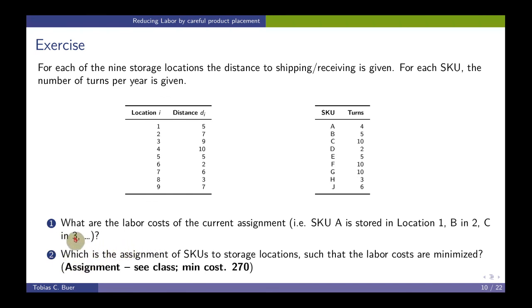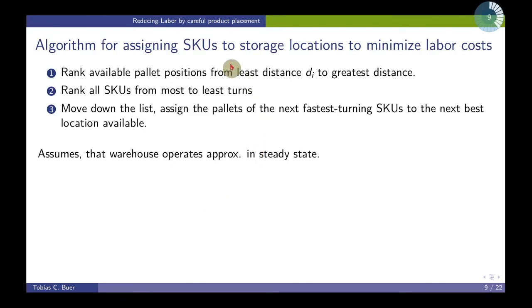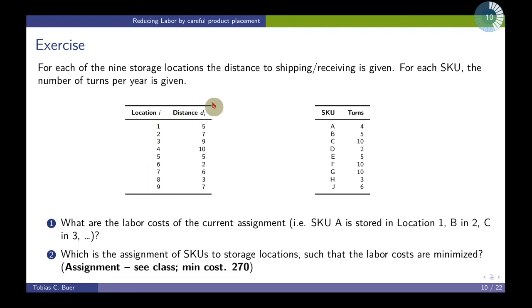For question number 2, you should now apply this ranking algorithm, where you rank the available pallet positions from the least distance to the greatest. So you have to reorder this list and reorder the other list, and then you have the new assignment. And if you performed all the steps correctly, the minimum cost should be 270 units.